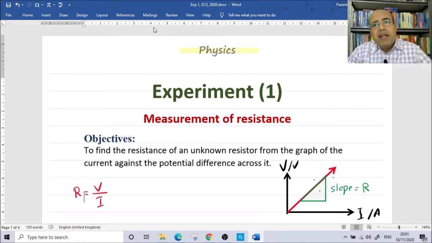To get many values of V and I, we need a variable resistor, or rheostat. We also need a switch, to switch on and off immediately after we take the reading, because if we leave the current on for a long time, the resistor will be heated, so the value of resistance will not be constant.